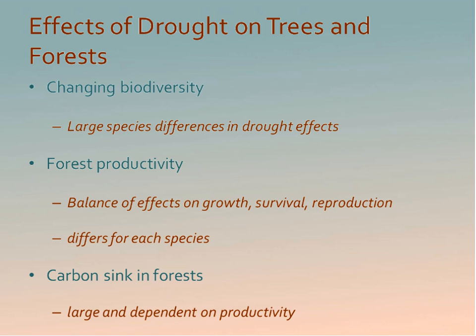The productivity of forests changes through demographic rates: how fast trees are growing, what their survival rates are, reproductive rates. All three of those aspects are affected by the weather, drought, and they're affected in different ways for different species. The effects on survival can be quick if there's a severe drought that causes dieback, but they can also be slow.